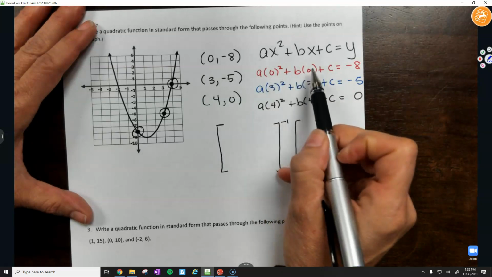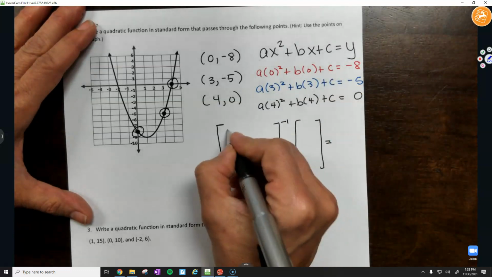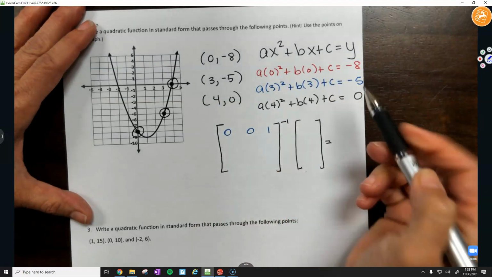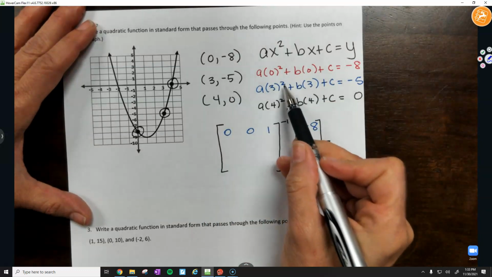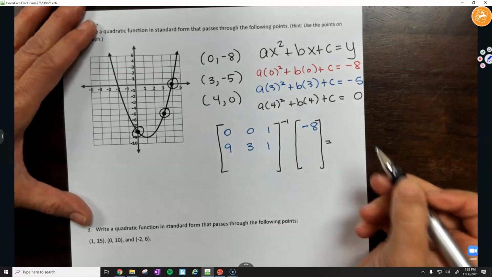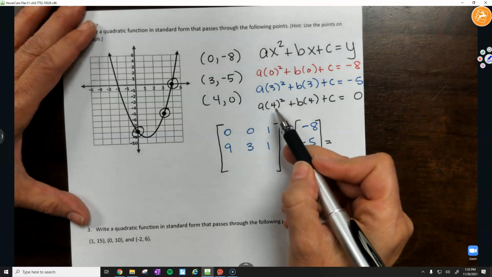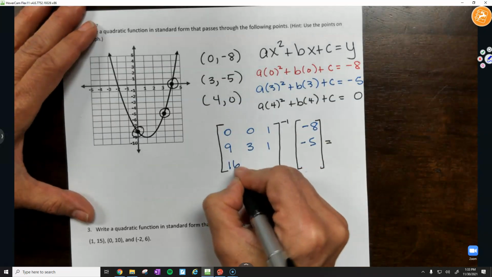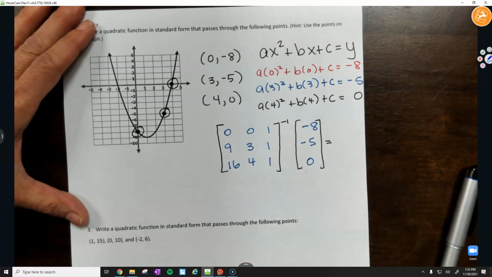So that's a 0, 0, and remember, C always has a coefficient of 1, and then it equals a negative 8. Our next row here is going to be 3 squared, which is 9, plain 3, and then C always has a coefficient of 1, and it equals a negative 5. 4 squared is 16, plain 4, coefficient of C, and 0.